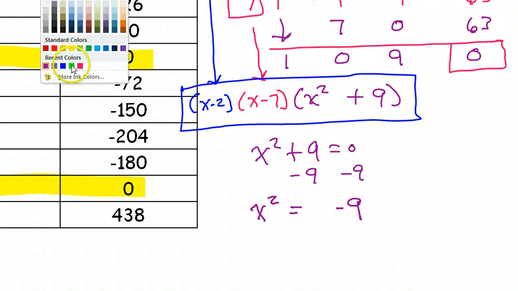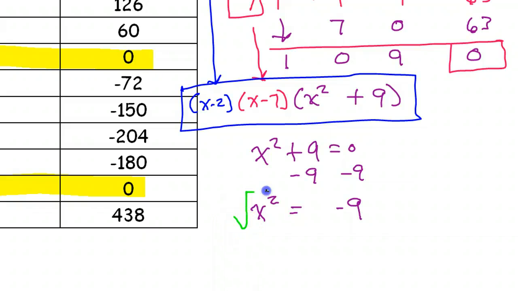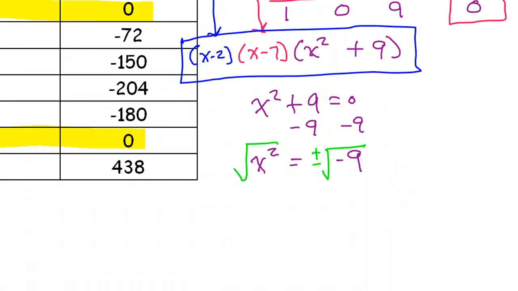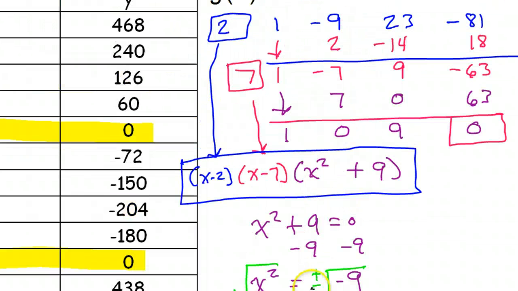If we take the square root of both sides, don't forget your plus or minus. That's going to give us x equals plus or minus 3i. We know the square root of 9 is 3, and if you have a negative under the radical, that's i, so plus or minus 3i. And those are the other 2 zeros that we were looking for.